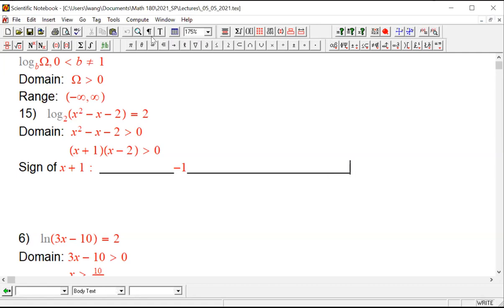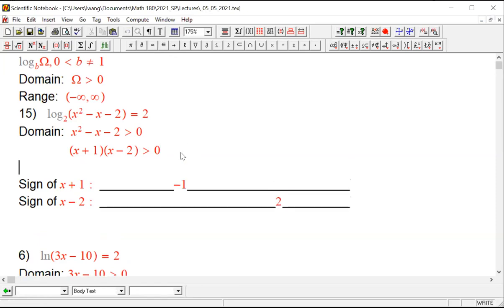And the sign of x minus 2. So that's going to be positive 2. Remember that? And look at the signs, right?